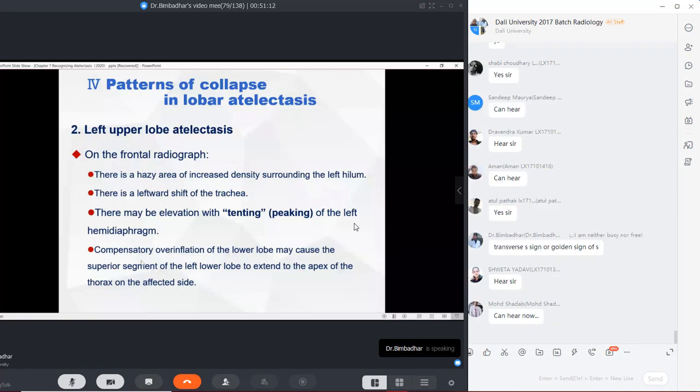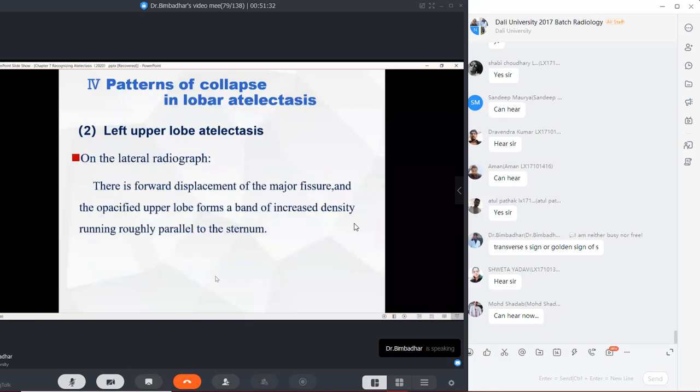Compensatory overinflation of the lower lobe may cause the superior segment of the left lower lobe to extend to the apex of the lung on the affected side, okay? That is the characteristic feature.